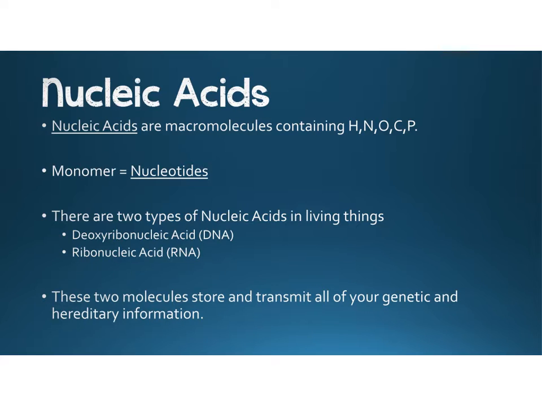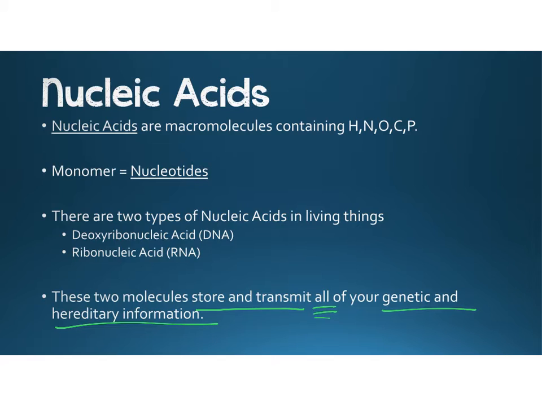There are two types of nucleic acids in living things. There are DNA molecules, which stands for deoxyribonucleic acid, and there are RNA molecules, which stands for ribonucleic acid. The function of them is to store and transmit all of your genetic and hereditary information.